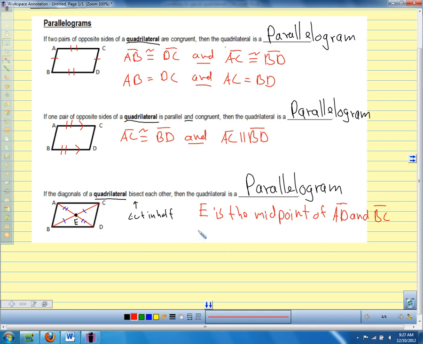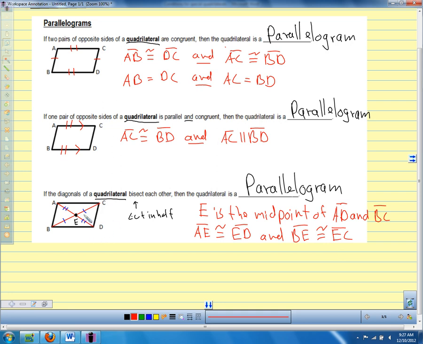We could say, if we wrote out what we marked here, segment AE is congruent to segment ED, and segment BE is congruent to segment EC. So all of these are ways of saying the same thing, that the diagonals bisect each other.